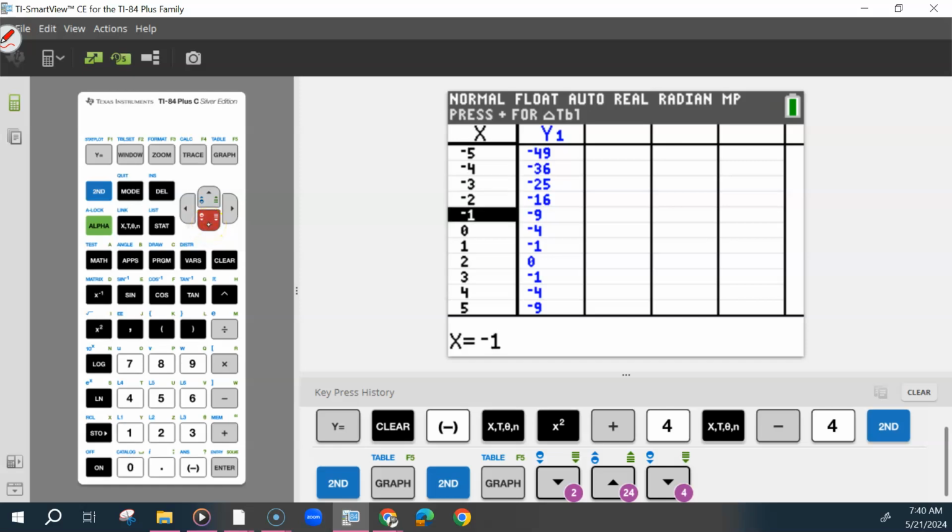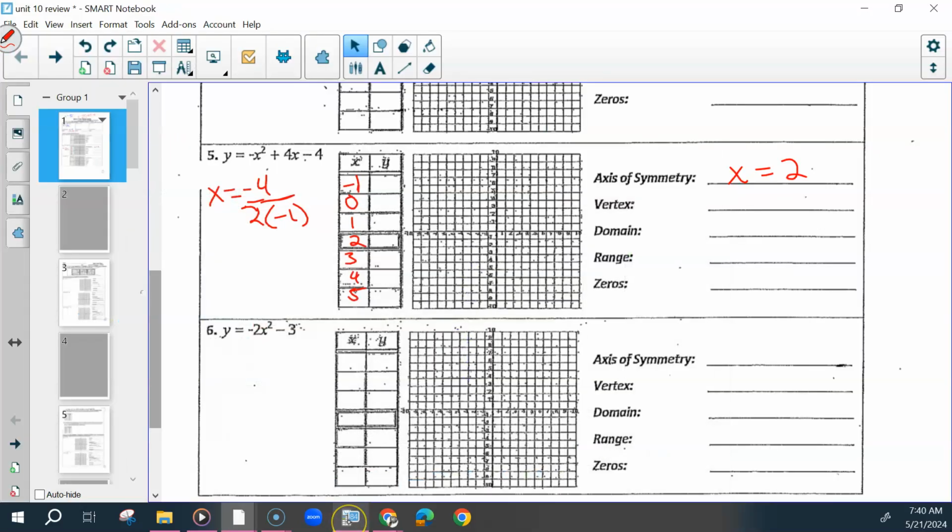We have negative 9, negative 4, negative 1, 0, negative 1, negative 4, negative 9.